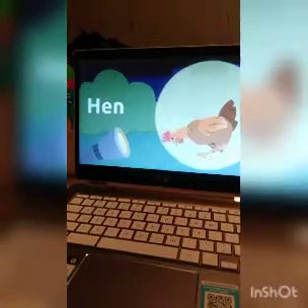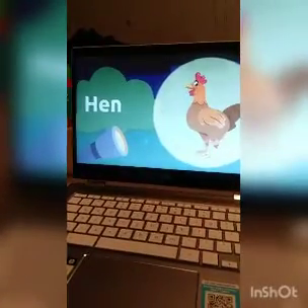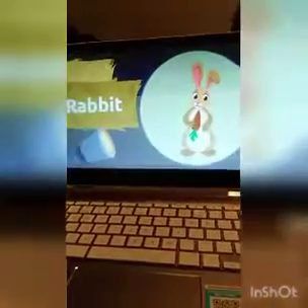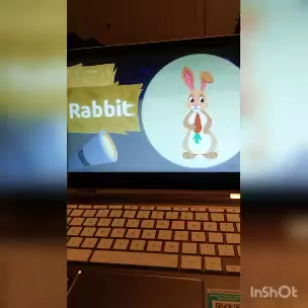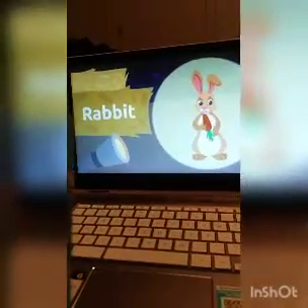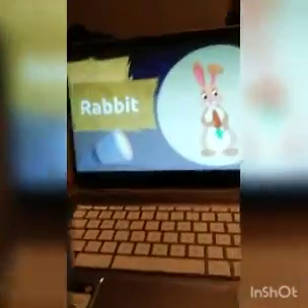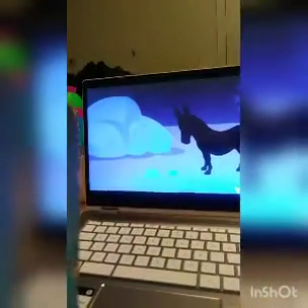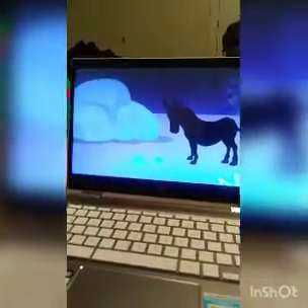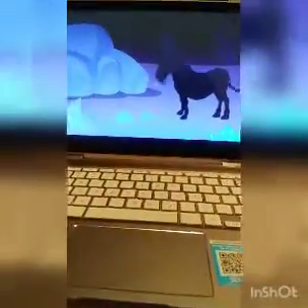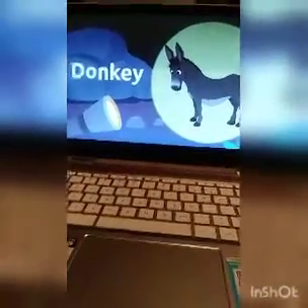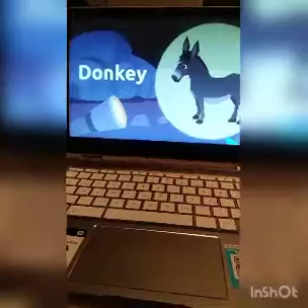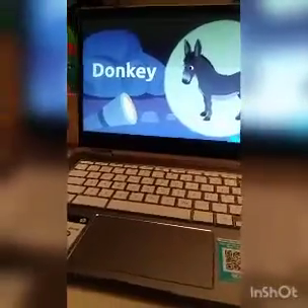Hens lay eggs. Let's see what we have over here. It's a rabbit. Rabbit. I love rabbit ears. There's another silhouette over there. What could it be? It's a donkey. Donkey. Donkeys say hee-haw.